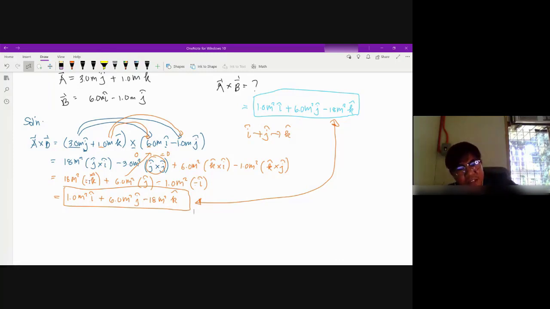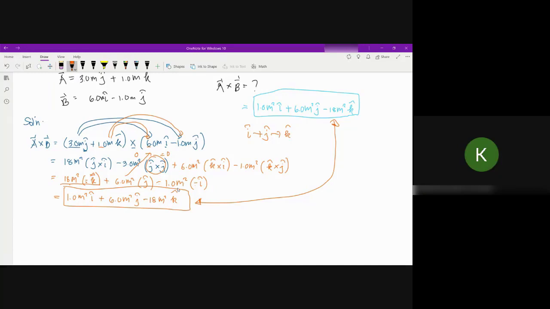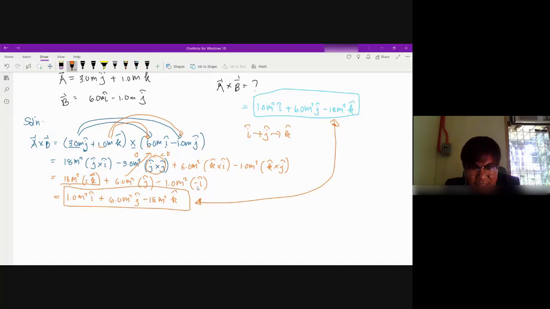I'm talking about the first term, so the sign of this term here is negative, that is why it is negative 18 meter square K hat. Kurt, is a negative 1 and negative I hat the same? Yes, the same as this negative I hat here and then negative here.